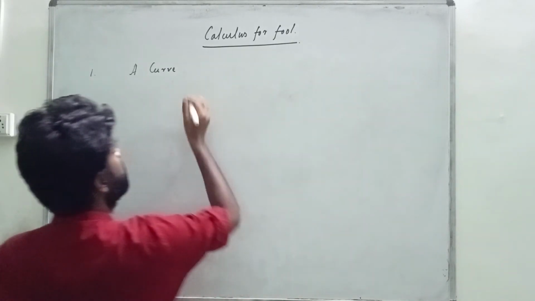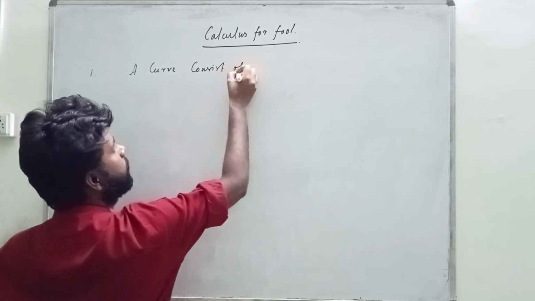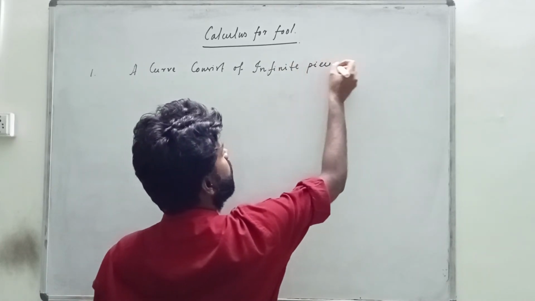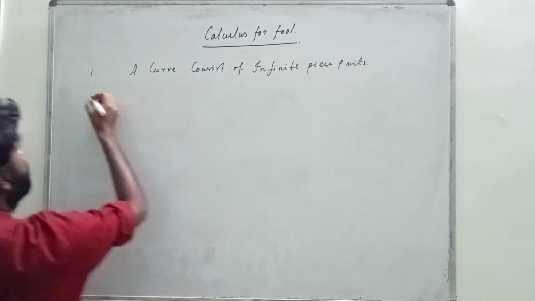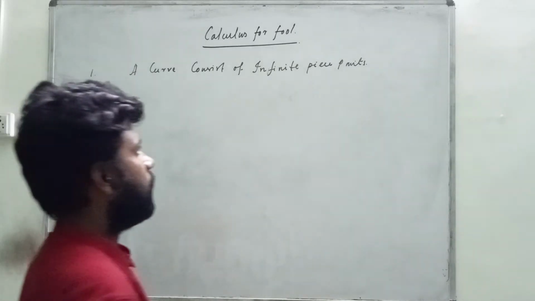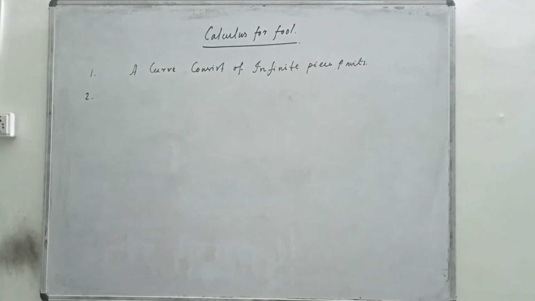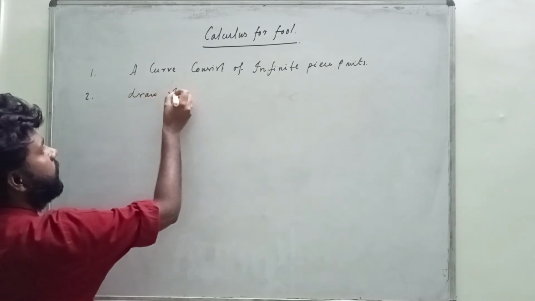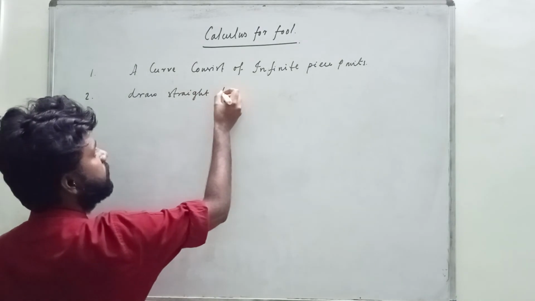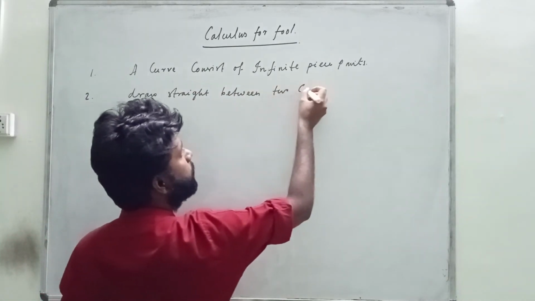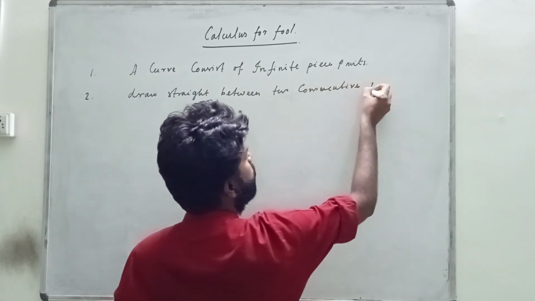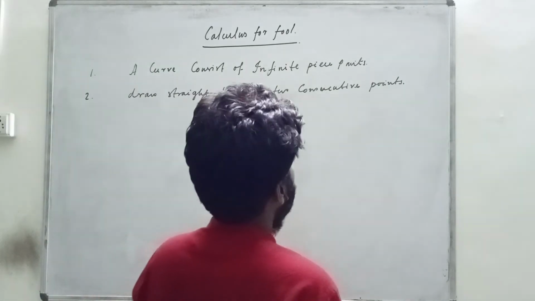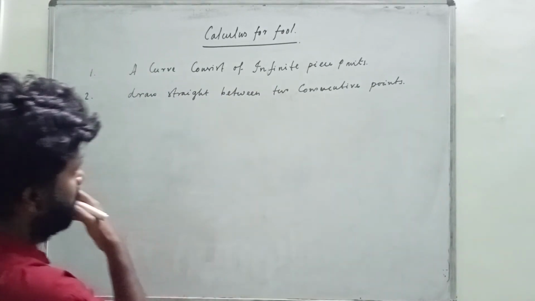So a curve consists of infinite points, and number 2, if you draw a straight line between two consecutive points, you will end up with the curve itself, right?